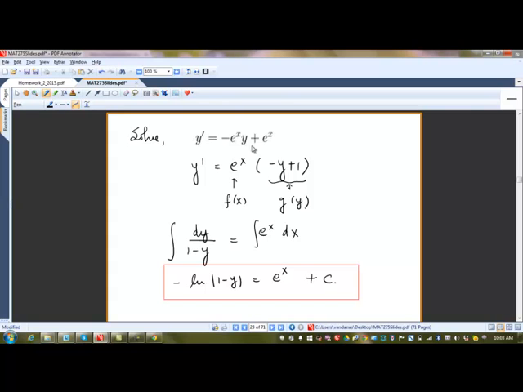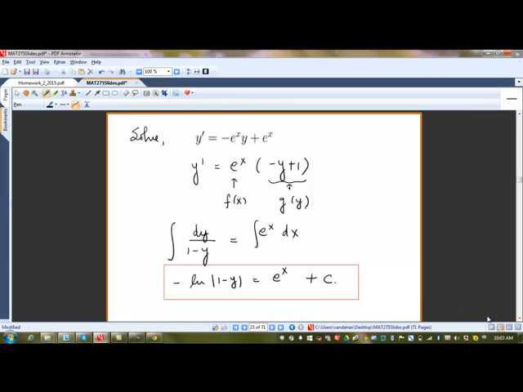So is y equals 1 a solution of this differential equation? Let's check it. When y is 1, the right hand side is 0 and the derivative of 1 is 0. So it is a solution which we didn't capture here.